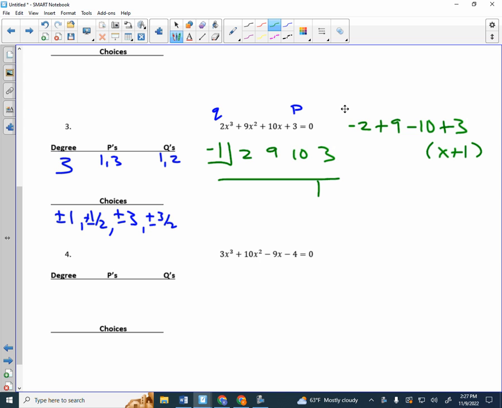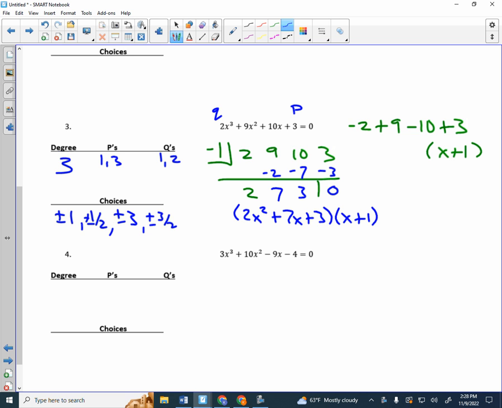I drop the 2, and what do I do after I drop the 2? I multiply, and I get -2. 7, -7, -3, and 0. Have to get 0. So we've learned this does factor. It factors to 2x squared plus 7x plus 3 times x plus 1.